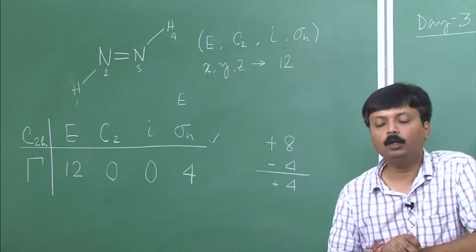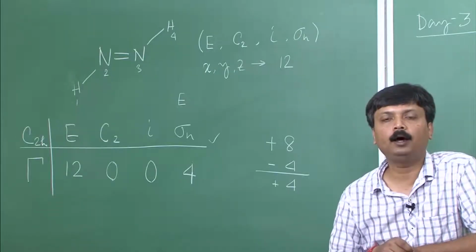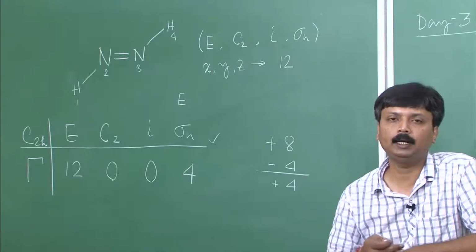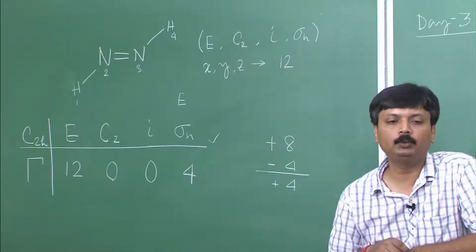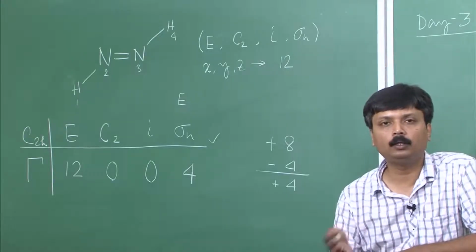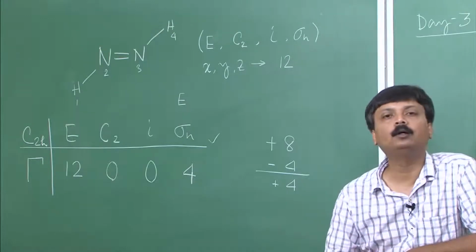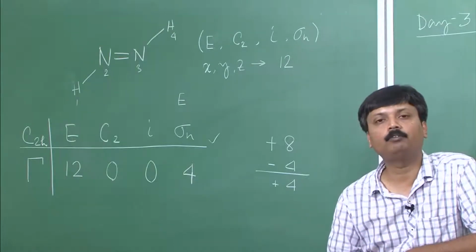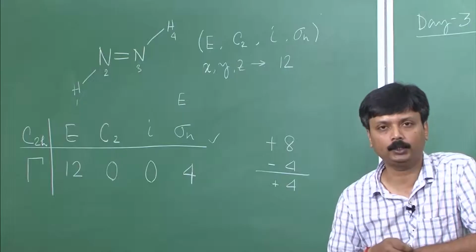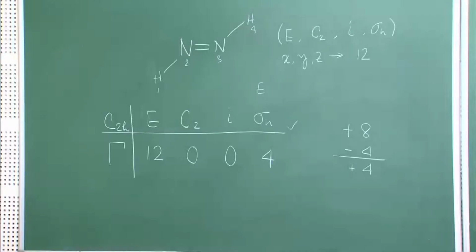The reason is that all these orbitals we will be talking about are characterized by their wave functions. So, we need to know about these wave functions and how their properties are related to the symmetry properties of that particular molecular structure. So, in the next step we will look at that.